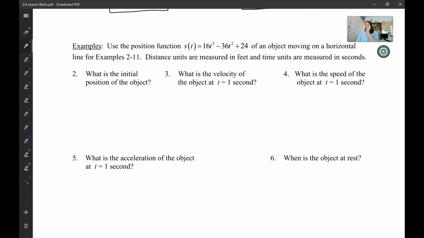Now let's start to apply this a little bit. So use this position function to answer these 2 through 11. Now here's an important distinction. Distance is measured in feet. Time is measured in seconds. So that should tell you really quickly, any S of t answers will be in feet because S of t is position.